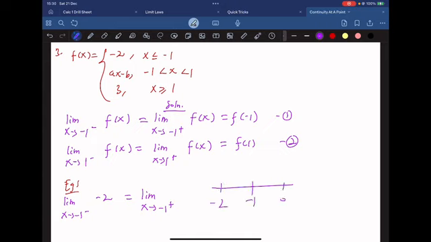This is negative 1, we go to 0. Now, if we are approaching negative 1 from the right, it means we are coming in this direction. So we want numbers that are bigger than negative 1, but not negative 1. With this domain, we can say that x is greater than minus 1 but less than 1. So from the right, we can pick this piecewise function, which is ax minus b, right? I hope this makes sense.